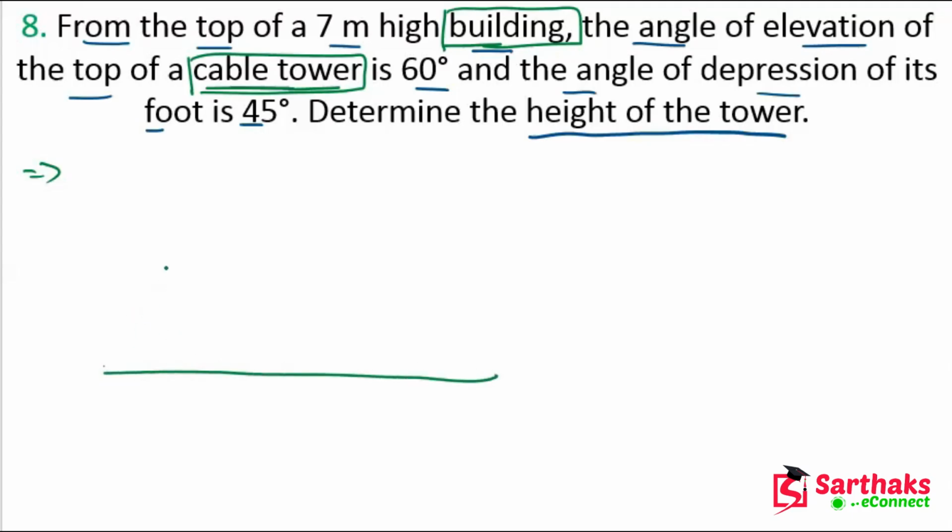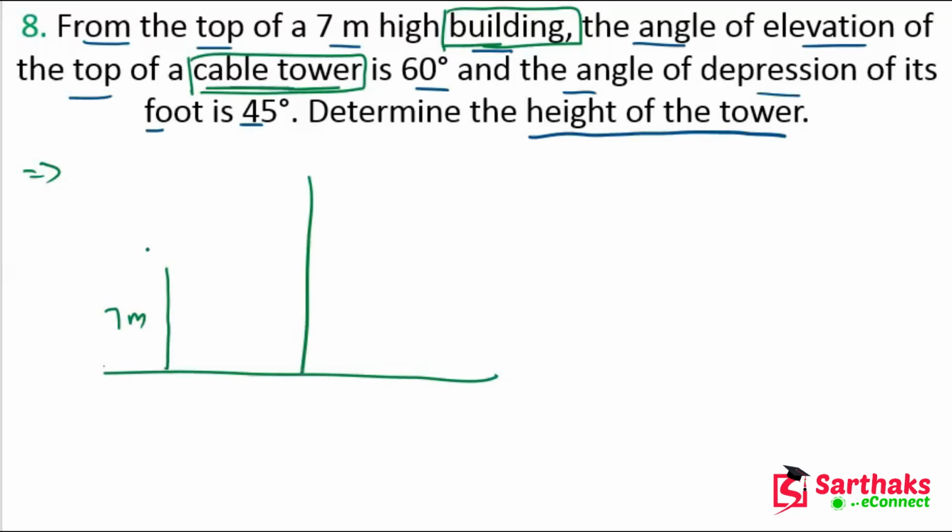We have a building of 7-meter height, and we have a tower which is greater than 7-meter high, because we have an elevation from the top of the building to the top of the cable tower. So we can say that the cable tower is higher than the building.